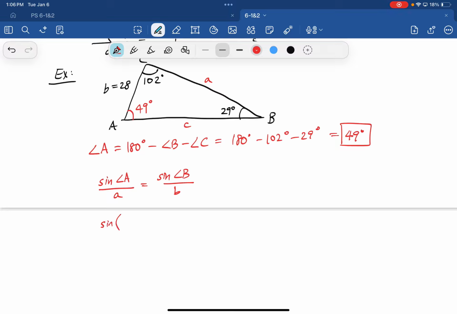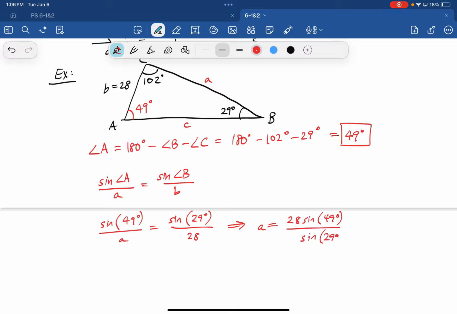Sine of 49 degrees over little a equals sine of 29 degrees over little b, which is 28. That's just an equation with one variable. If you solve this, you would find that a equals 28 sine 49 divided by sine 29.